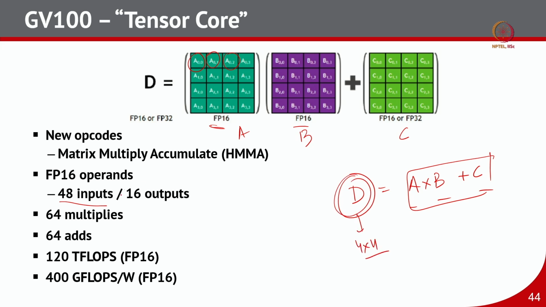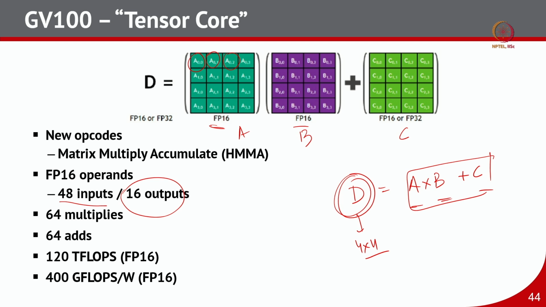So there are a total of 16 outputs, right? And then in total there are 64 multiplication operations and 64 addition operations, which you can easily get if you just work through this example of two 4 by 4 matrix multiplications plus the product. If the product gets added with another 4 by 4 matrix, then you will see that there are a total of 64 multiplications and then 64 additions.